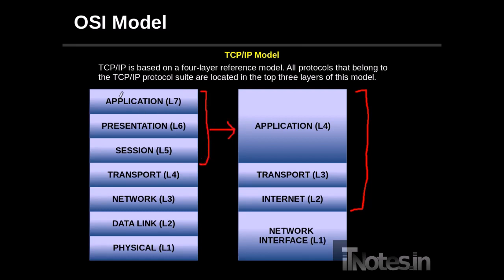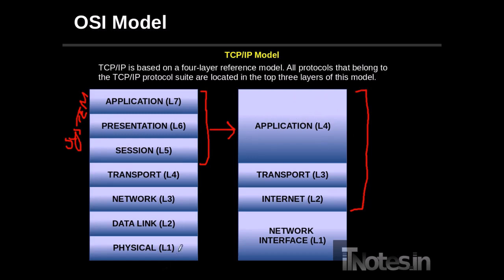That's the reason why I said that application, presentation, and session layers come under the system side. So these 3 layers come under the system side, and that's the same reason why in the TCP/IP model these 3 layers have been boiled down to a single layer, that is the application layer.